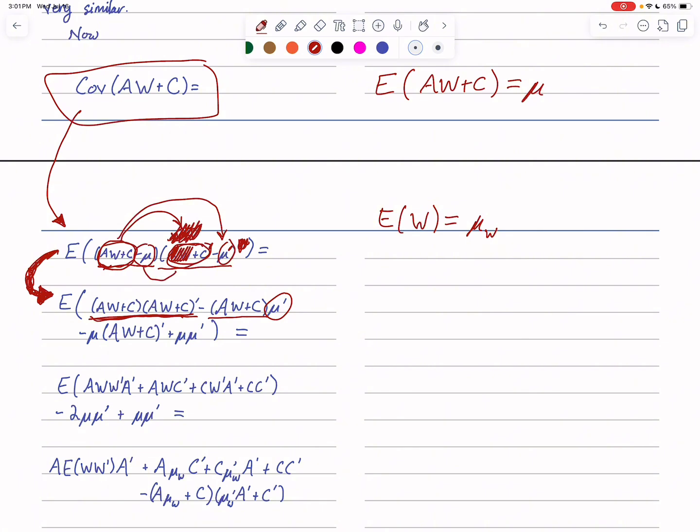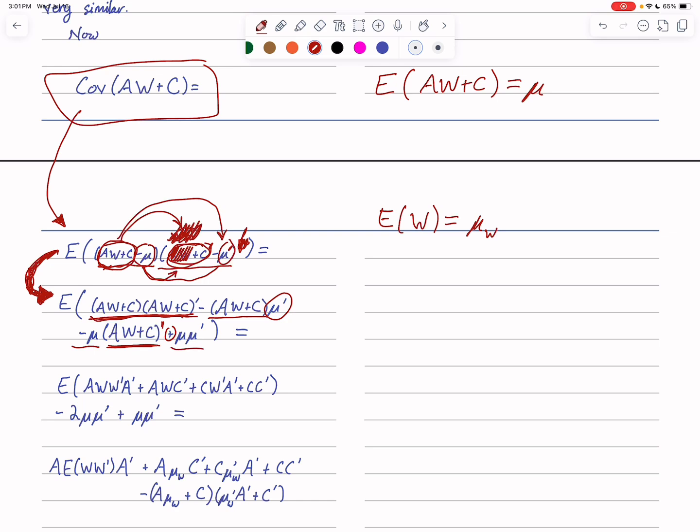So that's where I get minus mu times AW plus C prime, because again, the prime that was out here distributed in, and I'm just sending it over to this term here. So that's where that comes from. And then next we take minus mu times minus mu prime. So that's why we get a plus, and we get mu prime.